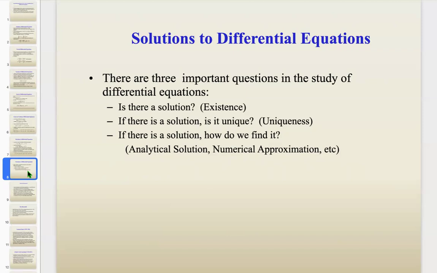That is, is it unique? So existence, uniqueness. And if there is a solution, how do you find it? Can you use some of the methods we're going to learn in this class to do it? Could you do it by numerical approximation? There's a method of power series, which we won't get to in this course, but you get to in more advanced courses. So there are lots of interesting ways to find solutions.